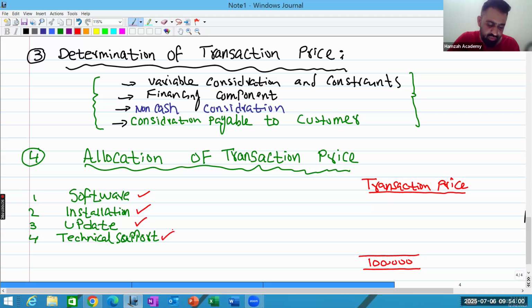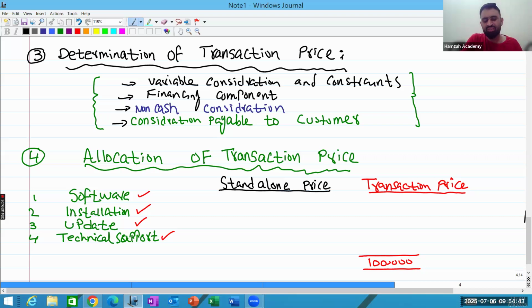If we have four performance obligations, we have to allocate the transaction price among these performance obligations, and we allocate it on the basis of a price which is known as stand-alone price.